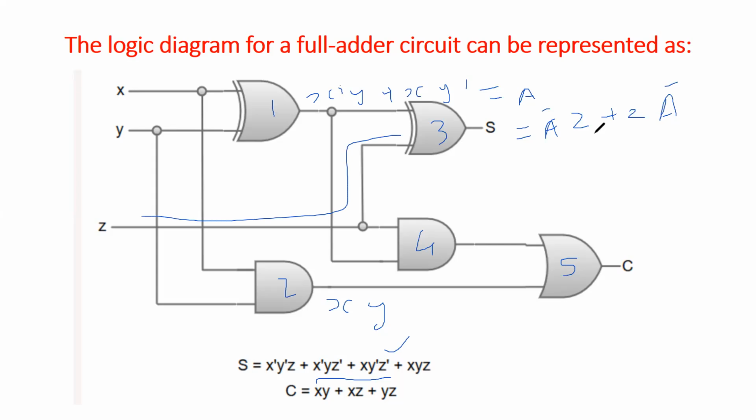Then you substitute the value of A. So A is your X dash Y plus X Y dash Z. Once you expand this, you get the full equation: X dash Y dash plus X dash Y dash Y Z dash plus X Y dash Z dash, plus this equation.